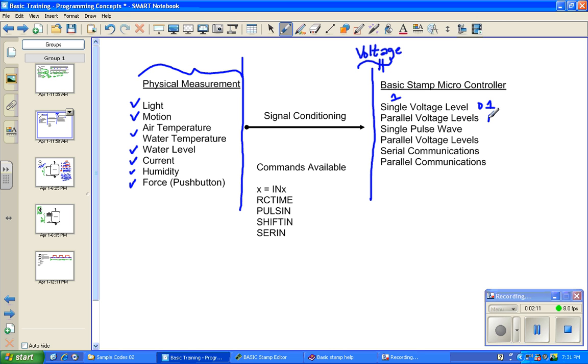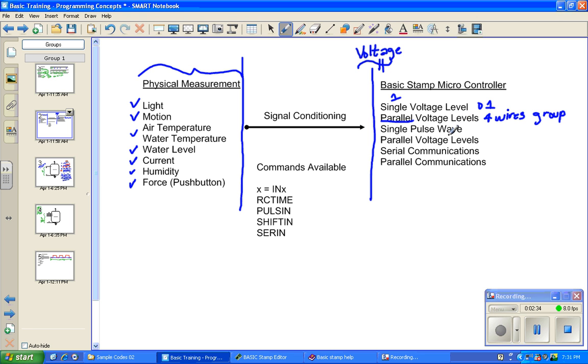For example, if you have 4 wires connected to the microcontroller, then you can instruct the microcontroller to read those 4 wires together as a parallel group. And if it reads them as a group, then it has more options for the numbers.